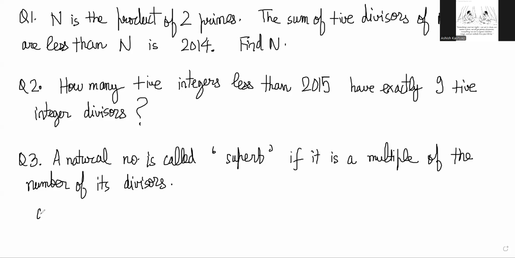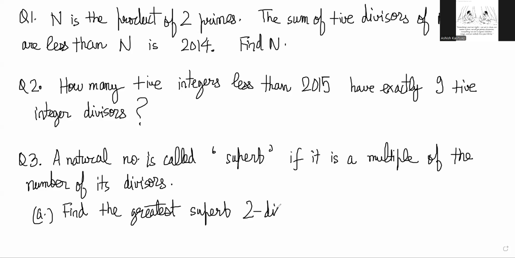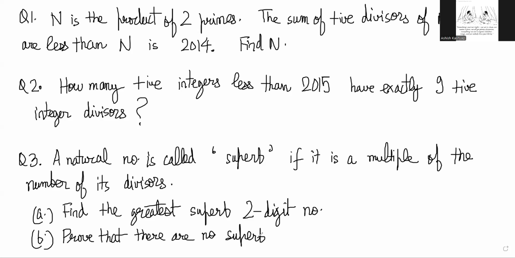You have to find, A, the greatest superb 2-digit number, and B, prove that there are no superb numbers with last digit 3.